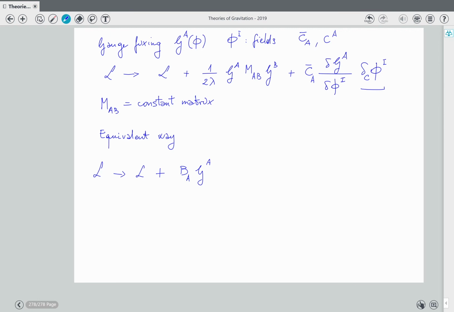So just like that. Plus BA, some matrix that now we work out. And the ghost Lagrangian is unmodified.